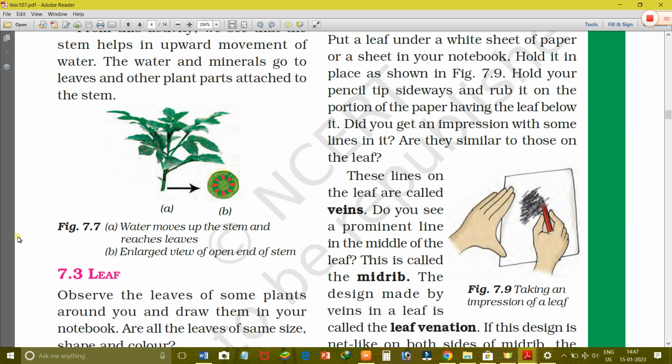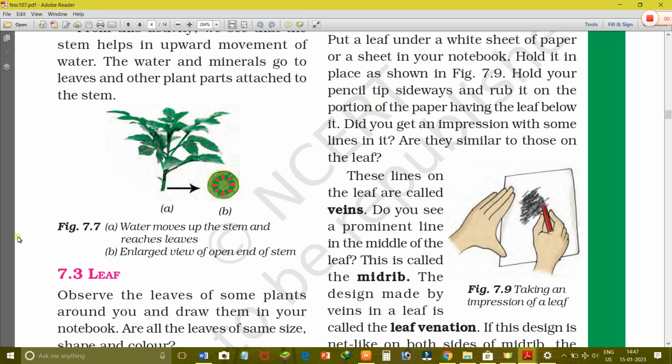Hold your pencil tip sideways and rub it on the portion of the paper having the leaf below it. Did you get an impression with some lines in it? Are they similar to those on the leaf?